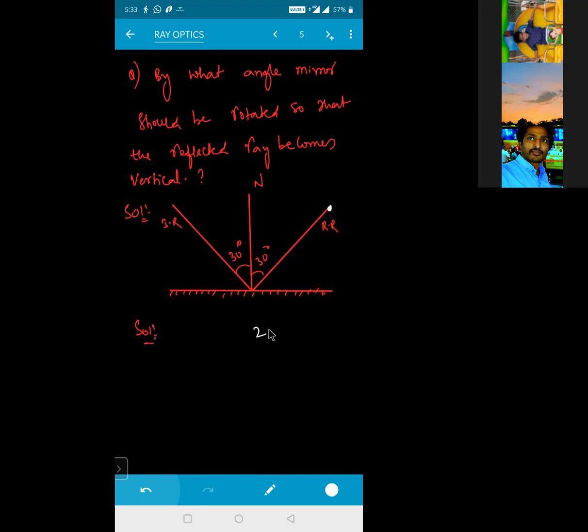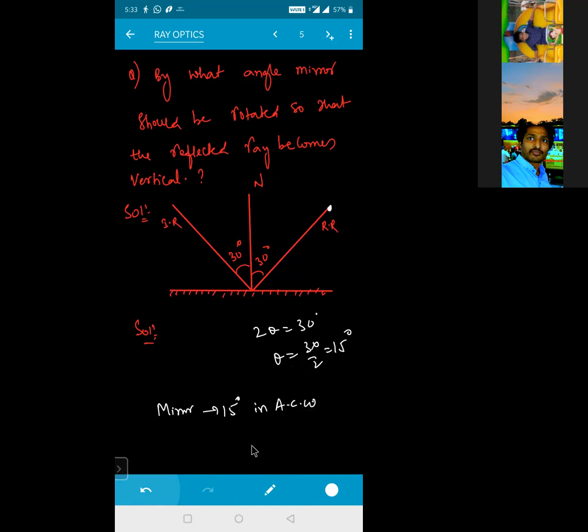If 2 theta is 30 degrees, then theta will be equal to 30 by 2, that is 15 degrees. So the mirror must be rotated by 15 degrees in the anti-clockwise direction.